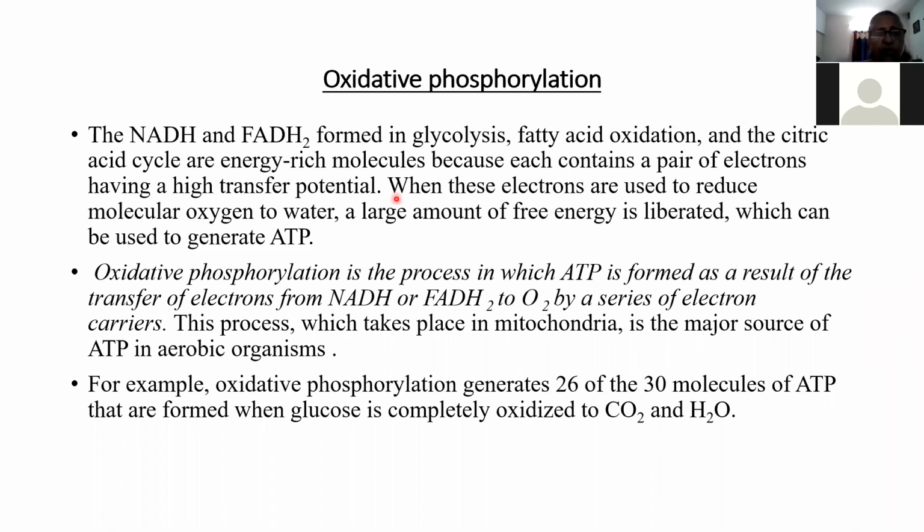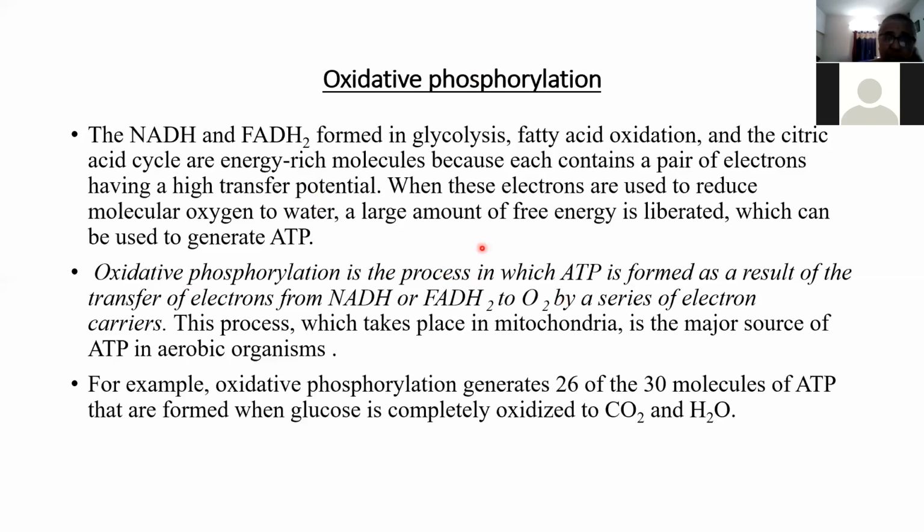And I also told you that these molecules are energy rich and contain a pair of electrons, and they will enter what is called the electron transport chain and liberate energy in the form of ATP. So oxidative phosphorylation involves the process in which ATP is formed when the electrons are transferred from NADH and FADH2 to oxygen and ATP is synthesized.